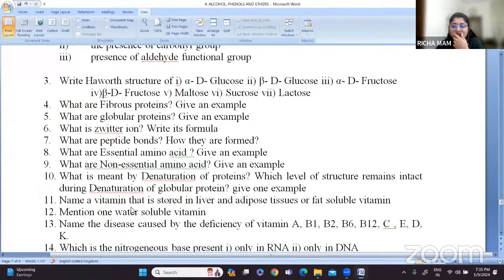Which is the vitamin, student? Which is fat soluble and stored in liver and adipose tissues?